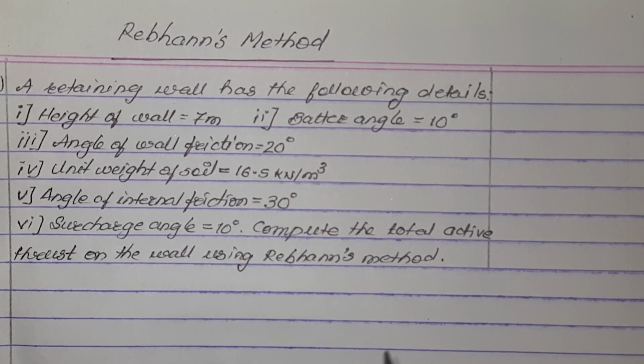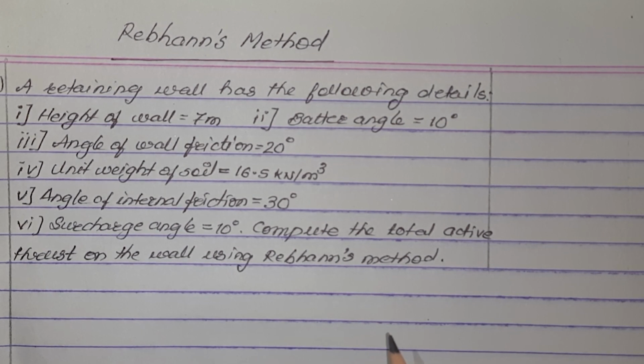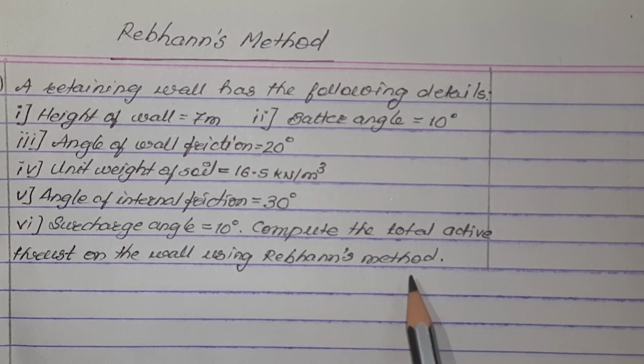We want to find out total active thrust on the wall, that is capital PA, kilonewton per meter run of the wall. We have to use graphical method, that is Rebhann's graphical method.